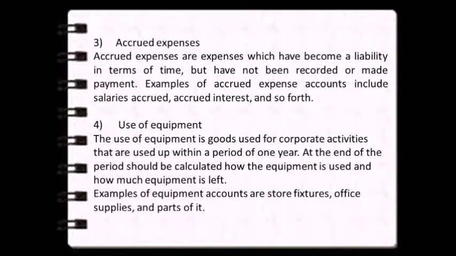Number 4, use of equipment. The use of equipment is goods used for corporate activities that are used up within a period of 1 year. At the end of the period should be calculated how the equipment is used and how much equipment is left. Examples of equipment accounts are store fixtures, office supplies, and parts of it.